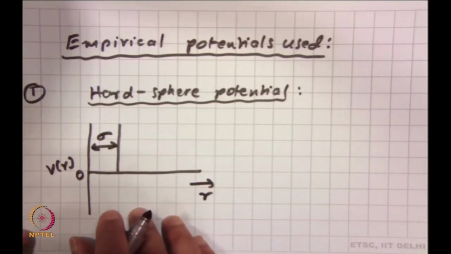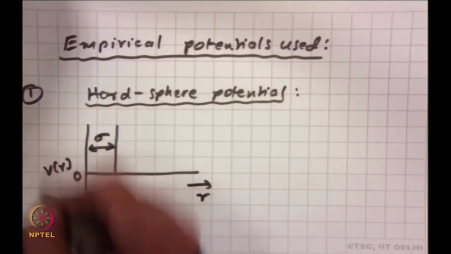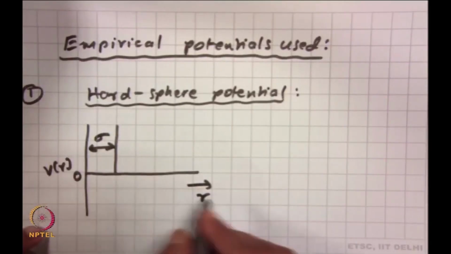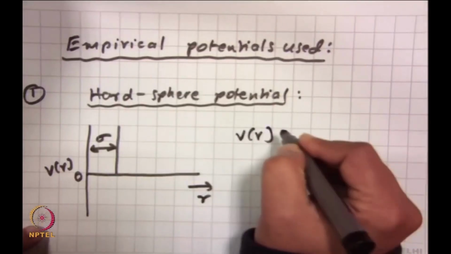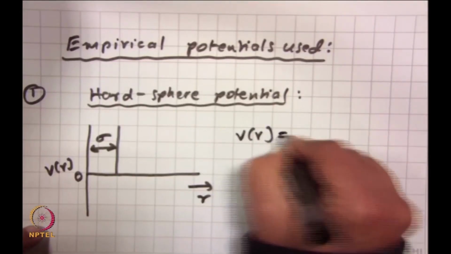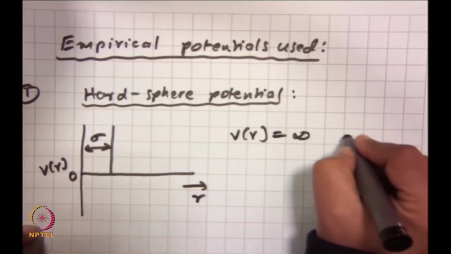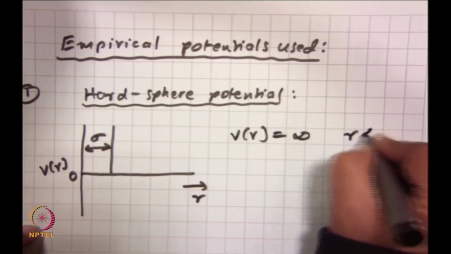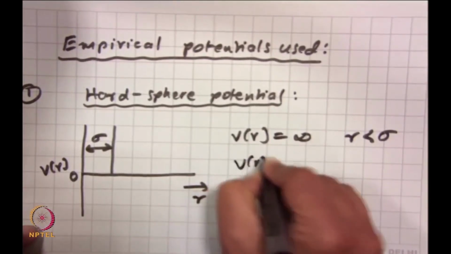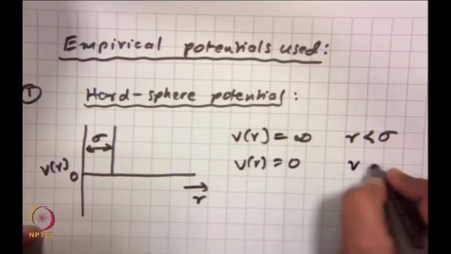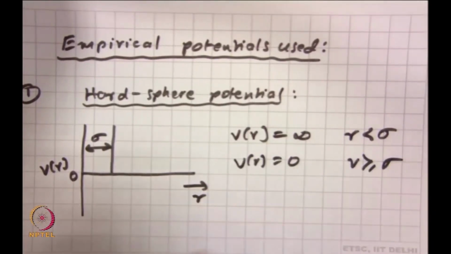So, this is my V of r and this is r, and if I am going to write V of r, I can write V of r is equal to infinity if r is less than sigma, and V of r is equal to 0 if r is greater than or equal to sigma. And what is sigma?